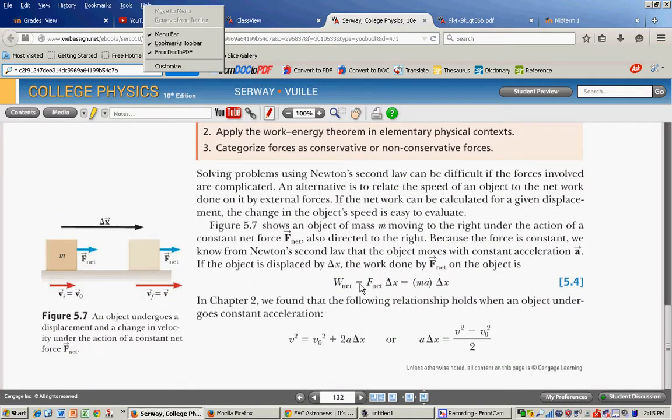So kinetic energy, we saw the definition of work, right? It is the net force times displacement as a vector, and when you convert that to a number, it is F times displacement times cosine of the angle between those two.